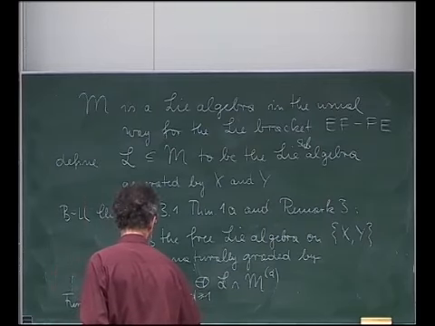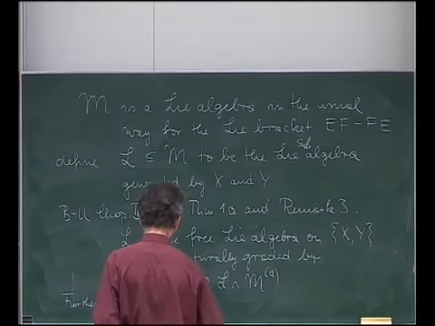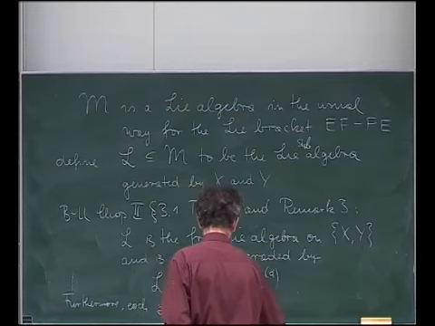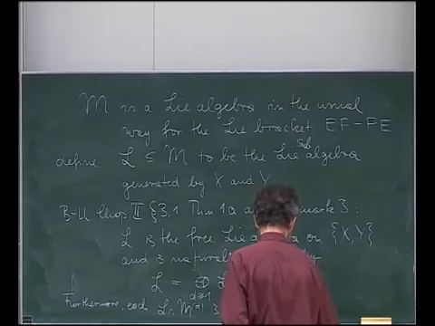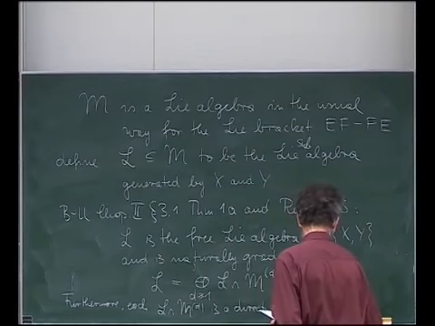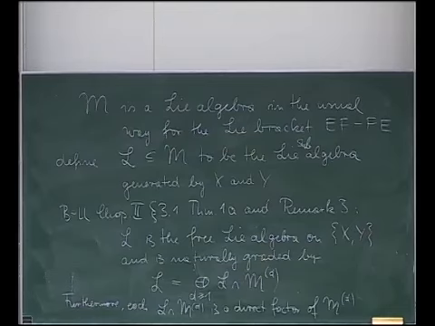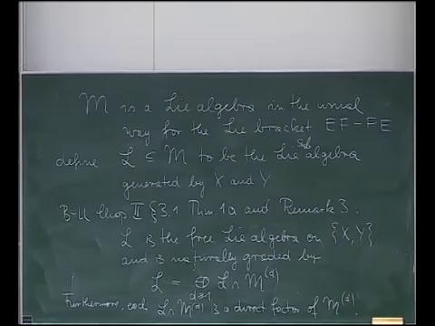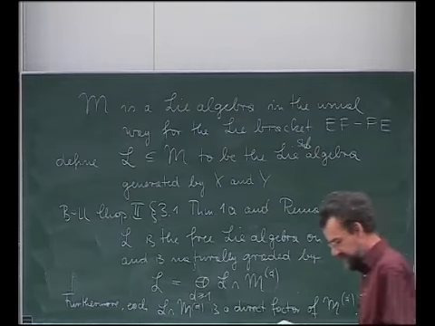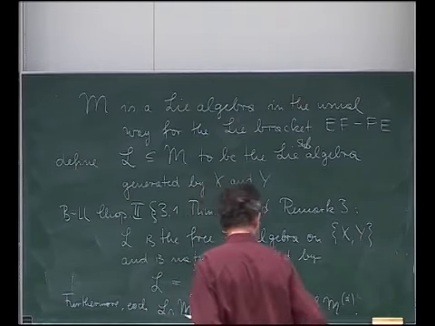Moreover, furthermore, each of these pieces here, L intersected with Md, is a direct factor, as an abelian group, of course, of Md. So in particular, this is also a finitely generated free abelian group.